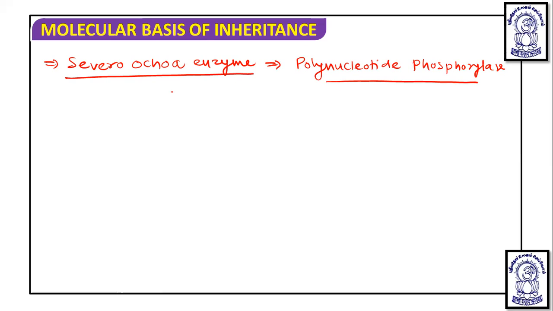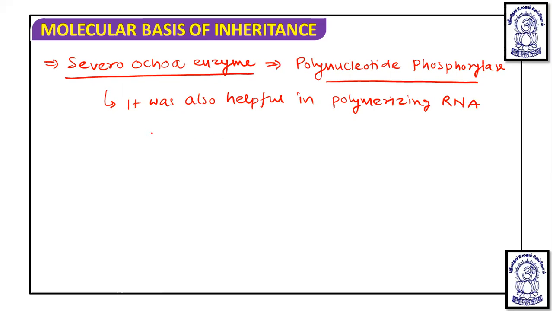It is a polynucleotide phosphorylase, and it was helpful in polymerizing RNA with a defined sequence. If we want to make a particular RNA of a defined sequence, it can be prepared by using this enzyme in a template independent manner.